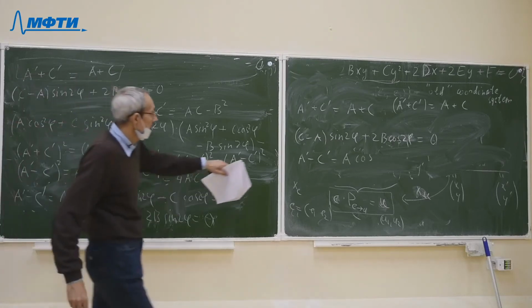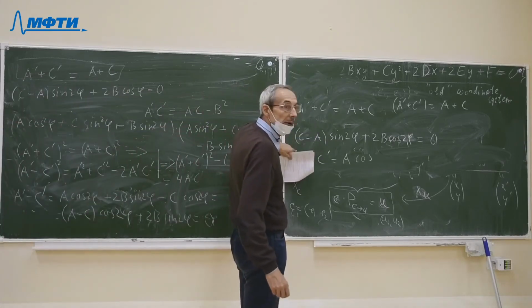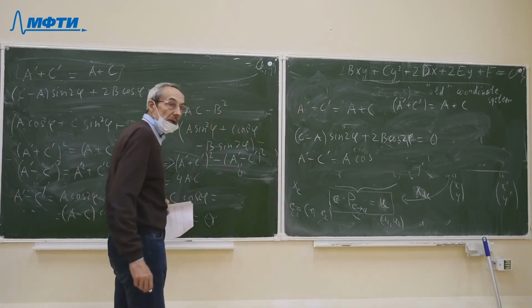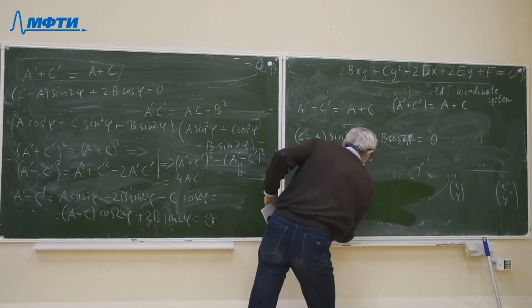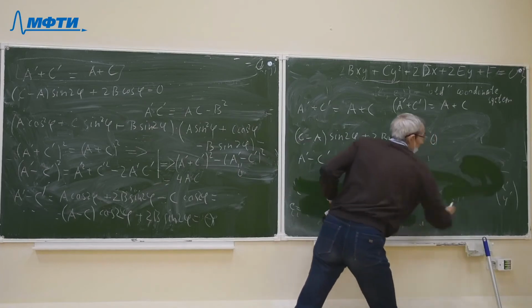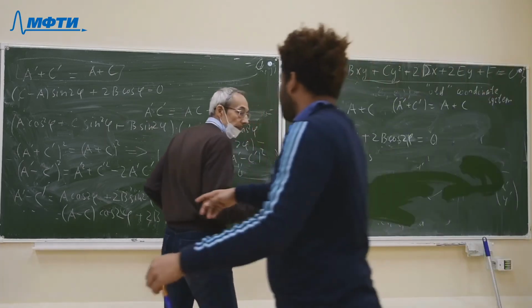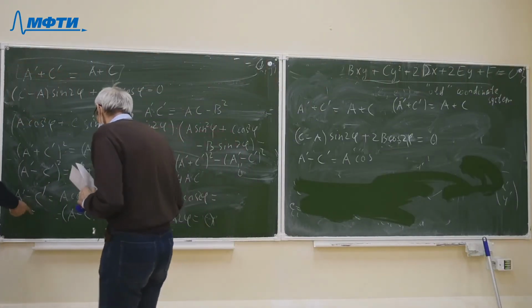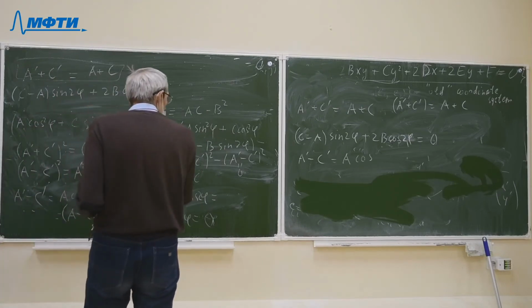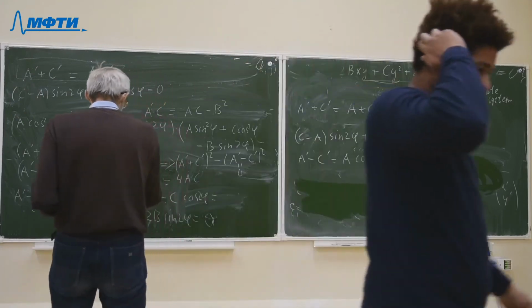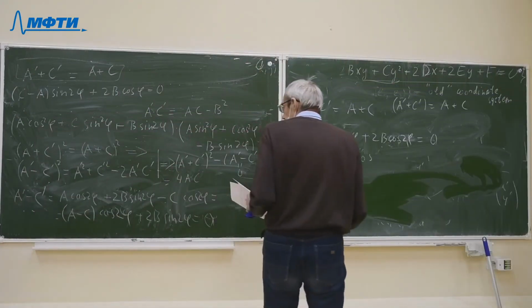Yes, that's right. Can you show where is the mistake? You already have B prime minus C prime. Yes, we have this, this one.